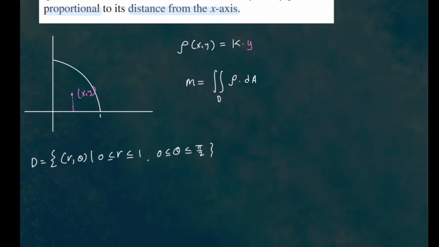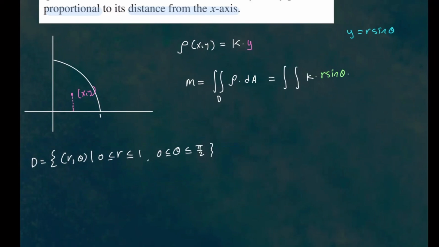So the mass of this object is going to be this double integral. Rho, we said, is k times y. Remember that y in polar coordinates is r sine theta. So I'm going to replace y with r sine theta, so k times r sine theta.